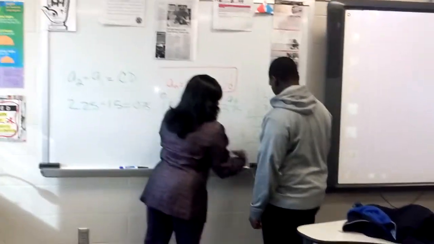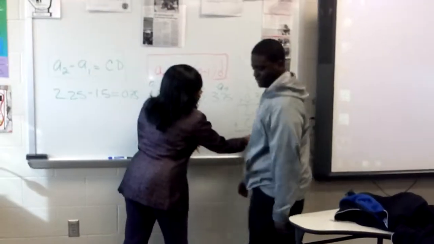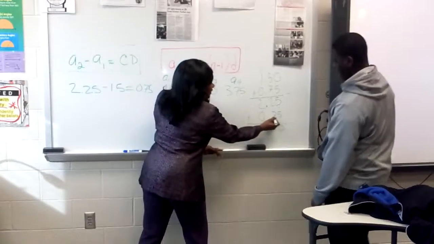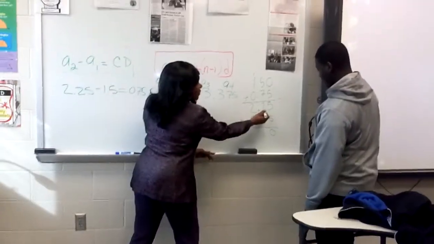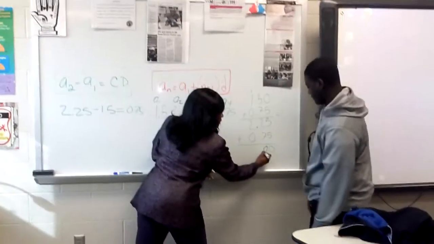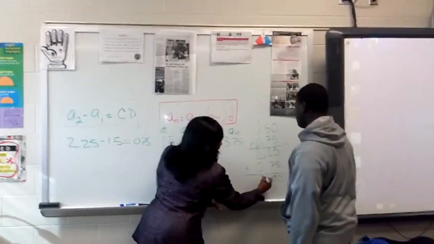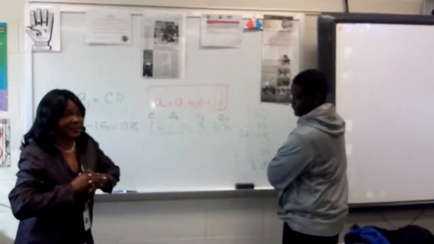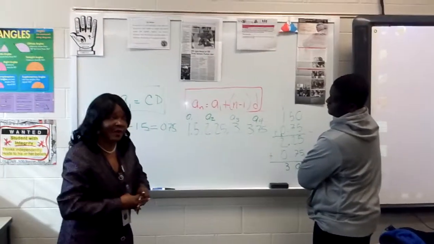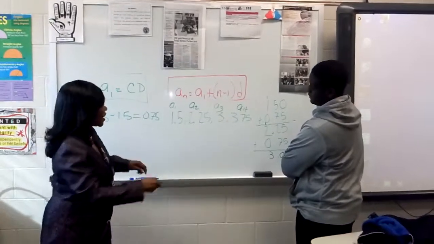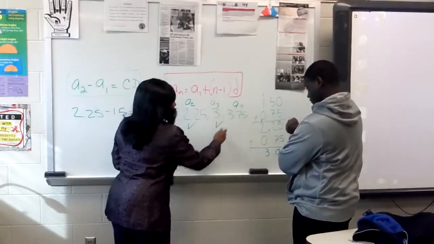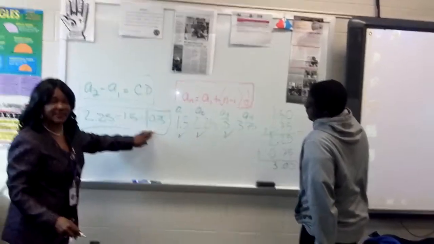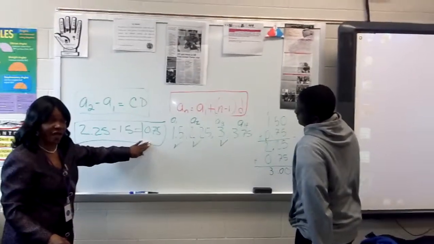Let me show you something. 7 plus 2 is what? 9 plus 1 is 10. Write my 0, decimal point, carry my 1. And then that's a 3. You understand what I'm saying? With decimals, when you're adding and subtracting decimals, you must line them up. It's a visual thing. So this works, and that works. So we can say that our common difference is 0.75, 75 hundredths. So it works just fine, correct?